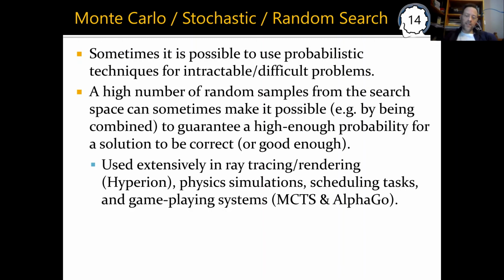For example, DeepMind's AlphaGo program, when they play Go, beating some of the human masters in Go, uses this technique called Monte Carlo tree search in order to explore the search space in a structured way, by selecting which branch to go down based on the probability that it will lead to a winning solution.